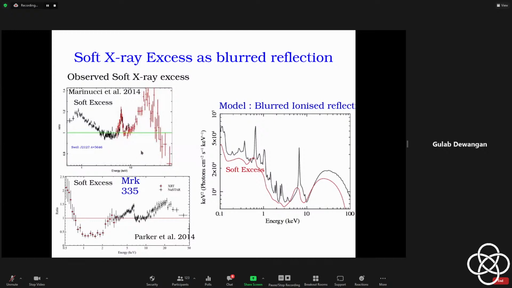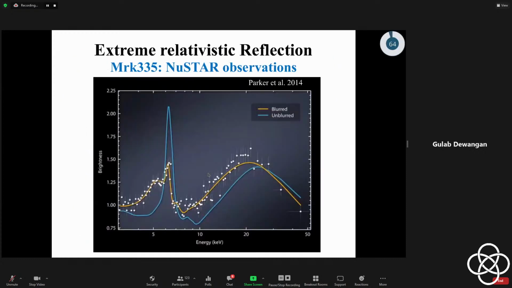So we are definitely observing relativistic effects in the X-ray spectrum, and this is a really nice example of an observation of the AGN Markarian 335 with NuSTAR. And here is the data. You see the white circles here, and these are the models.